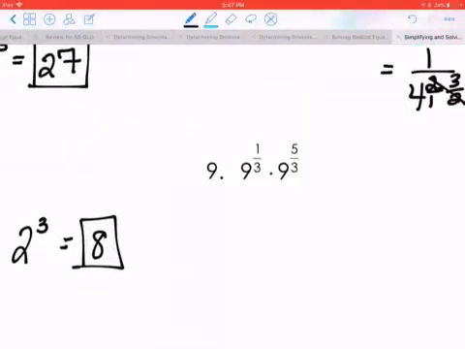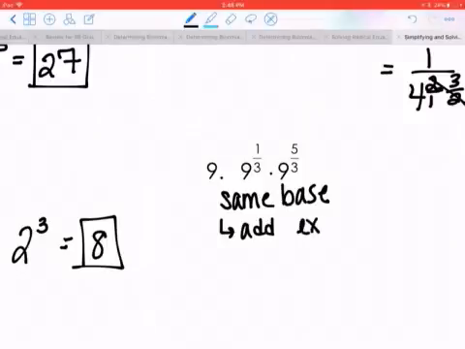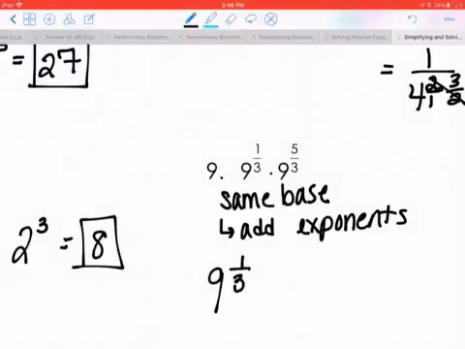Number 9. Okay, so we have the same base. So what do we do with same base and we're multiplying? We add the exponents. So the base stays the same, so you have 9, 1/3 plus 5/3, which is going to equal 6/3.